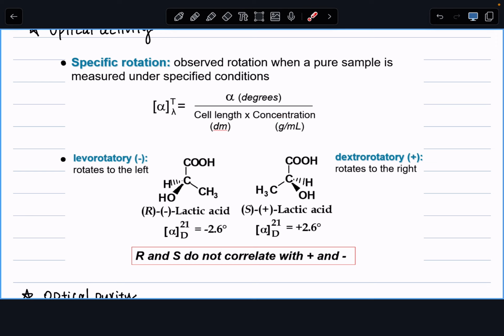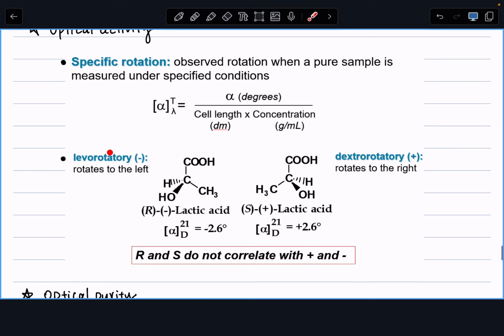You'll have it tilted to the left or tilted to the right. That's what we call levorotatory or dextrorotatory. So, to the left or to the right.